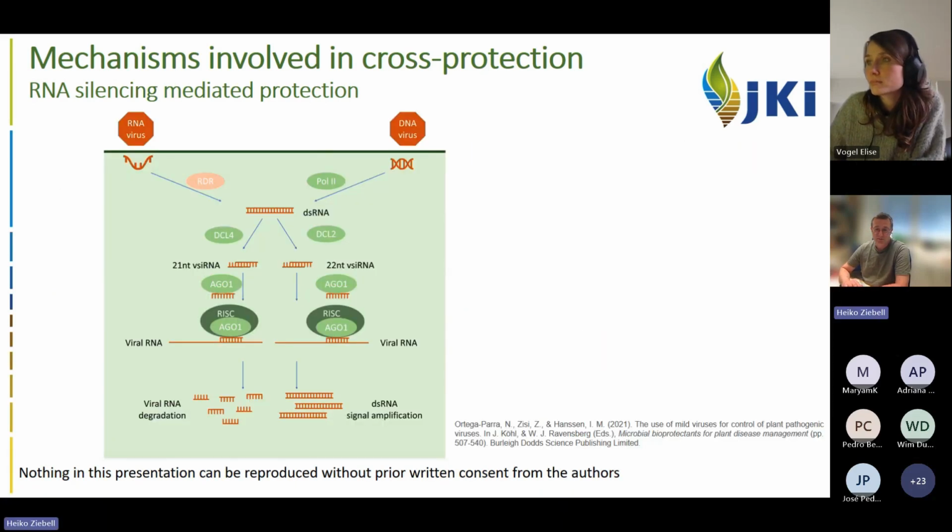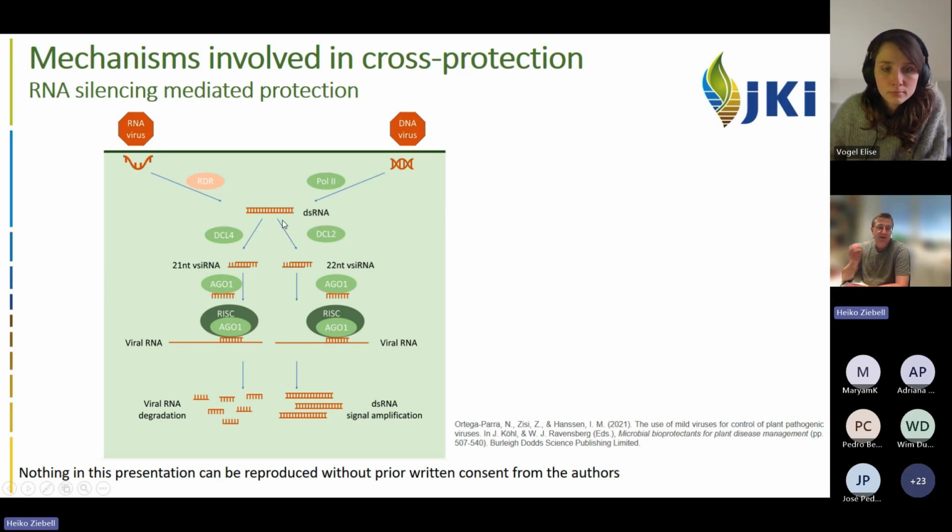Just to give you a brief recap of what that means. Each plant virus, no matter if they have an RNA genome or a DNA genome, at one stage in their replication cycle forms double-stranded RNA molecules.